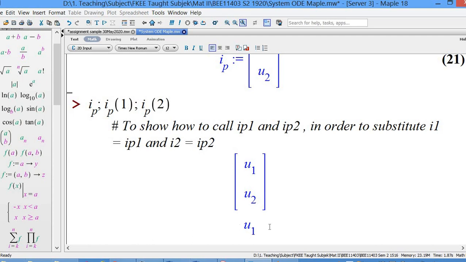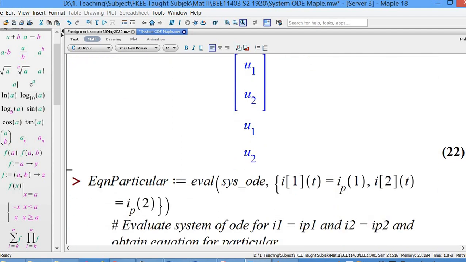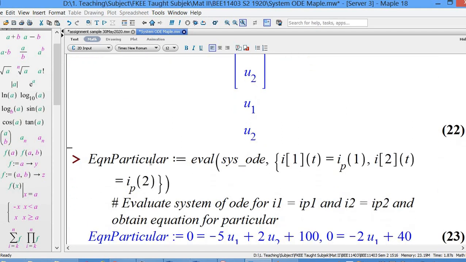IP bracket 1 is U1, IP bracket 2 is U2. And the equation for the particular integral is what we are going to evaluate. EVAL evaluates the system of ODE.